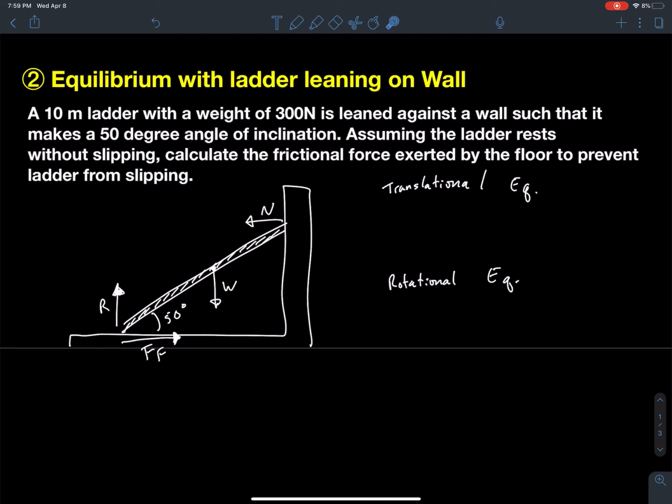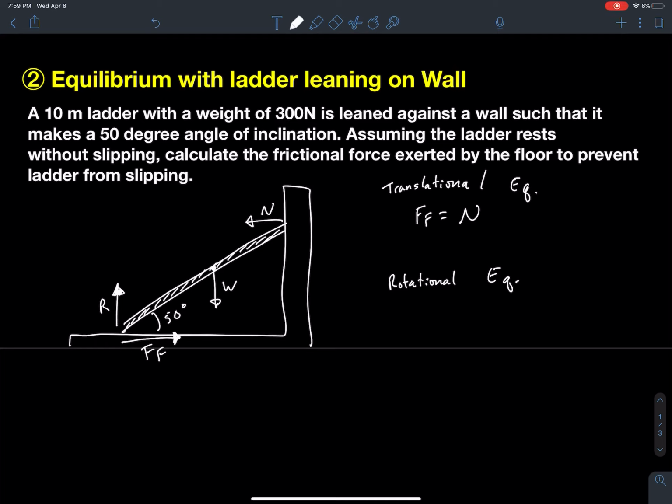So again, let's start by setting up a translational equilibrium that involves the frictional force. Well, the frictional force is going to be equal and opposite to that normal force in the horizontal direction. So the frictional force is equal to the normal force. That's my translational equilibrium.